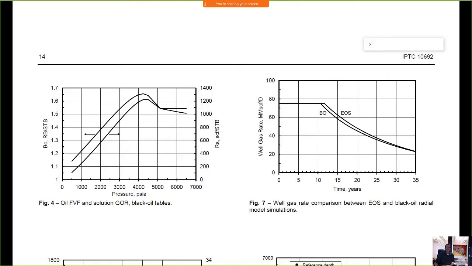So the reason this is non-monotonic is because you've got a 32 API condensate here, you got a 30 API, you got a 45, and then the rest of it's more or less typical. So it's not a problem, it's real.